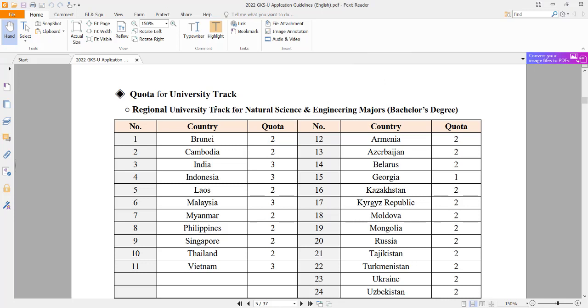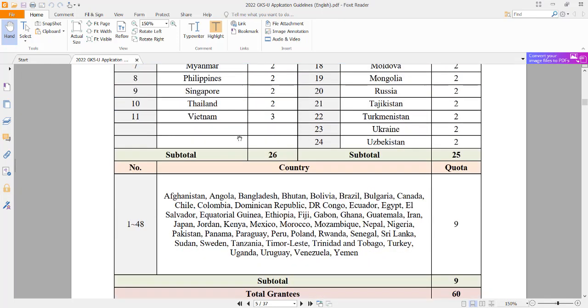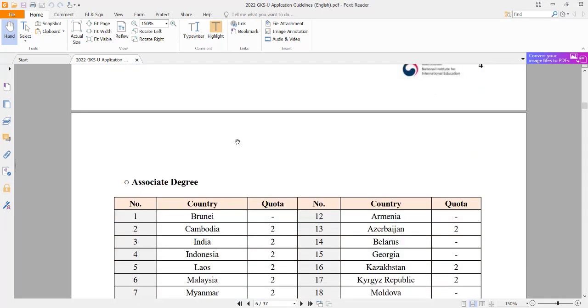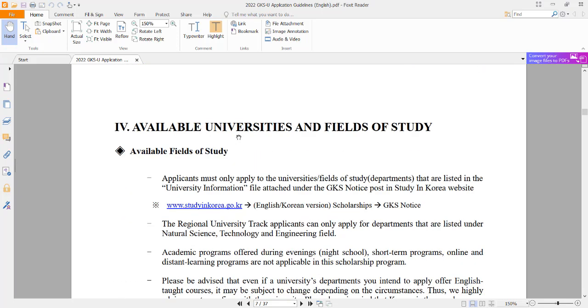They can apply for the regional university track. For them university track would be better because in university track natural science and engineering majors are generally preferred.